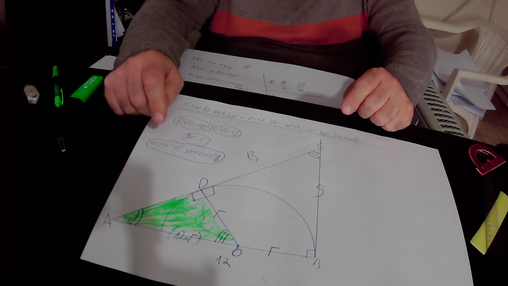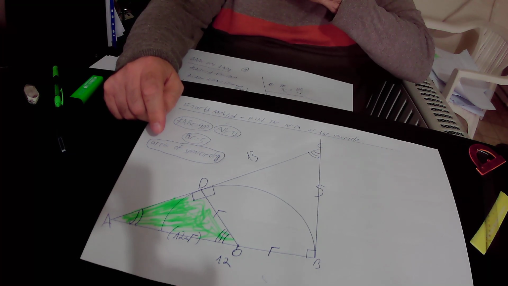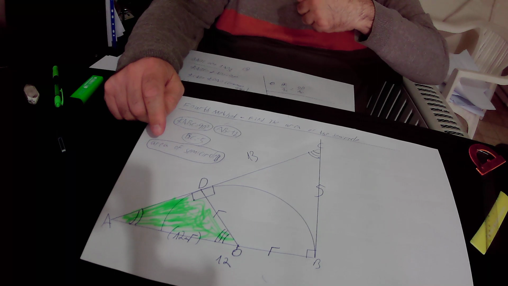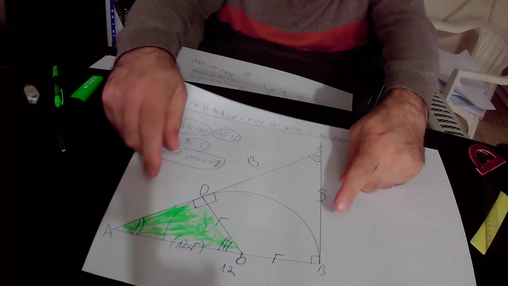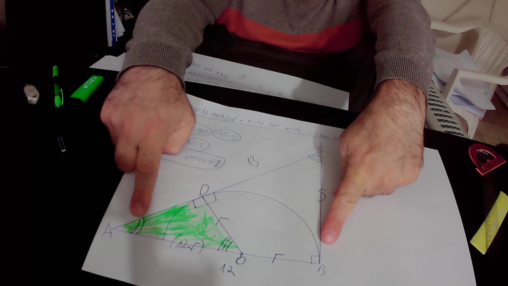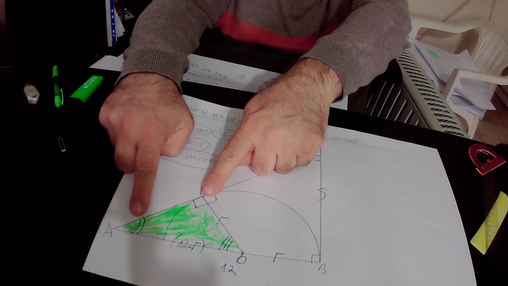And the third pair of angles are also equal to each other according to the third angle theorem. What is the third angle theorem? The third angle theorem states that if two angles in one triangle are congruent to two angles in another triangle, then the third pair of angles must also be congruent. We have those two angles in triangle ABC congruent to those two angles in triangle ADO, the green triangle.